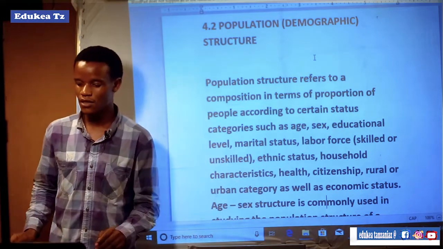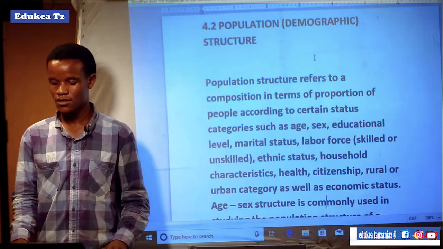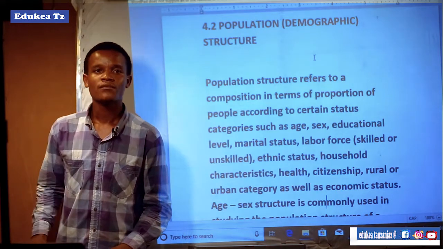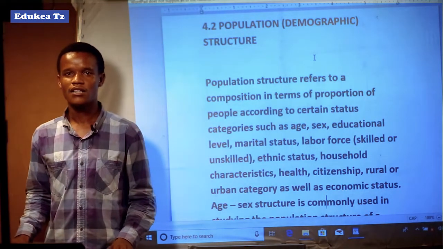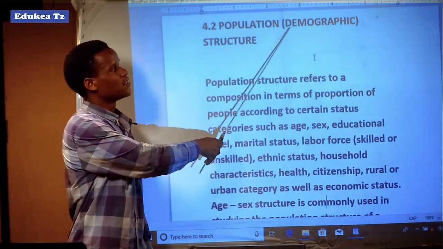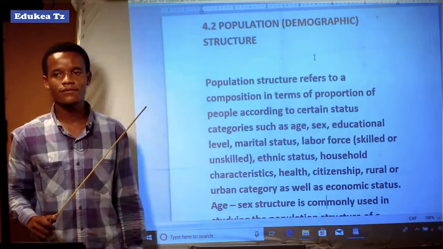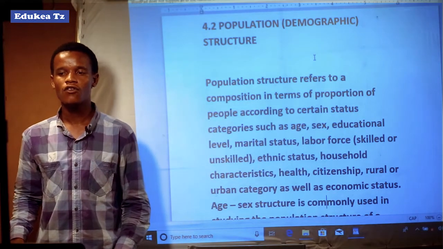As we saw earlier, population refers to the total number of species in a certain area. Another terminology that you can use is demography. That means the scientific study of population.